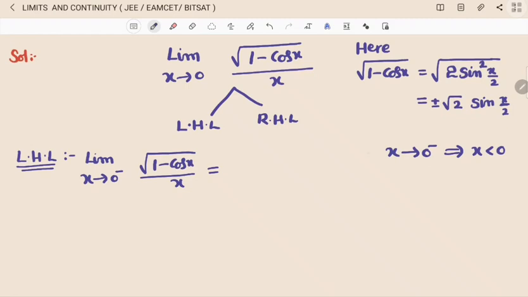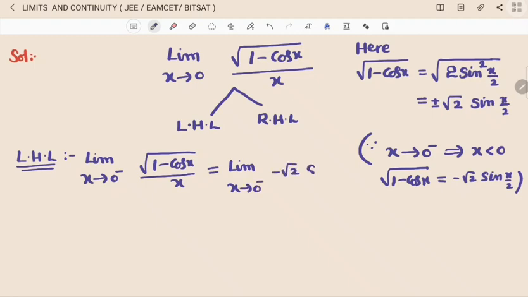When x is less than 0, root 1 minus cos x you take as minus root 2 sin x by 2. You remember that, dear students. So this limit will become limit x tends to 0 minus, in place of root 1 minus cos x, minus root 2 sin x by 2 by x.